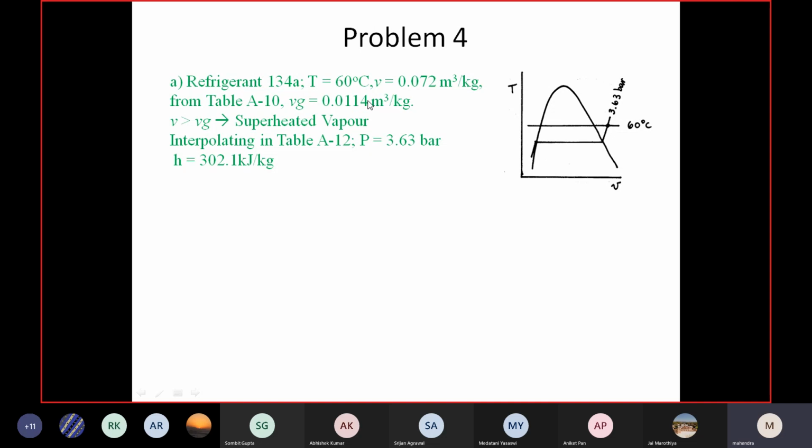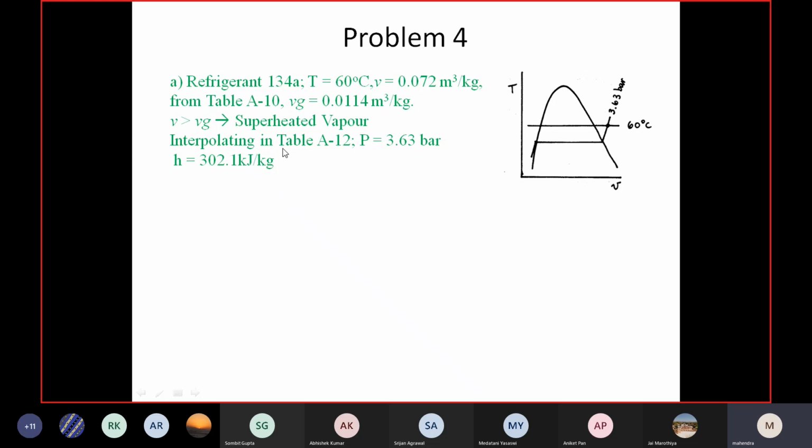That means the volume has increased at constant pressure, so it is the superheated region. Since the given volume is much greater than the saturated vapor specific volume, we can conclude it is superheated vapor.